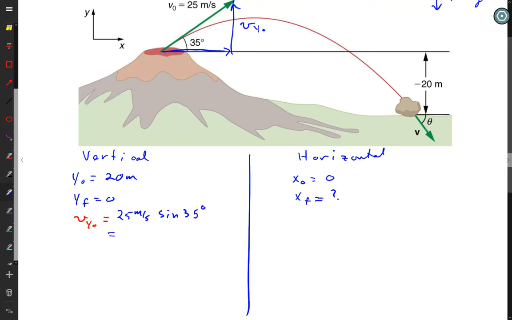So what's 25 times sine of 35 degrees, just to get it out of the way? 14.34? Yes. Okay, 14.34 meters per second. In the horizontal direction, we're looking at the adjacent side, so that's going to be using cosine.